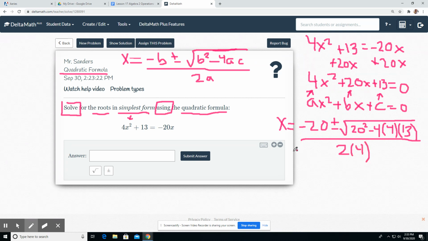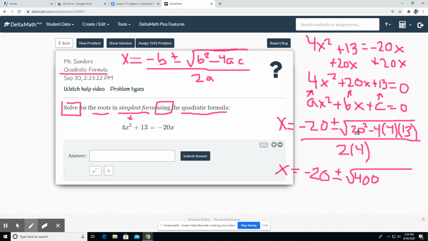We're simplifying. We could simplify in stages here. This 20, there's nothing that can be done there. The 2 times 4 on the bottom, the denominator, is separated, so we could simplify that. The 20 squared is separate from the 4 times 13 because they're different terms, separated by that minus sign. So x equals negative 20 plus or minus the square root. 20 squared is 400.